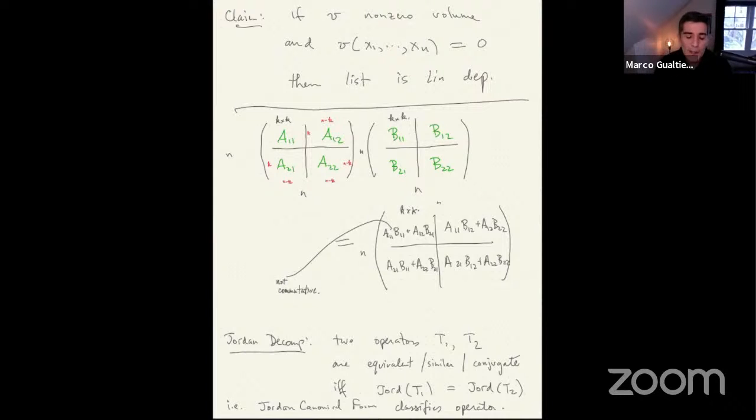The way I think about it is like this: if you give me n vectors in n-dimensional space and you expand them out in terms of a basis, you're going to get an n by n matrix. So n vectors in n space gives you an n by n matrix, and the determinant of that matrix gives you the volume.